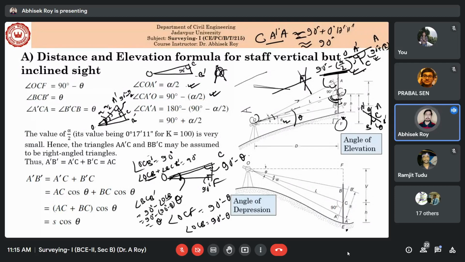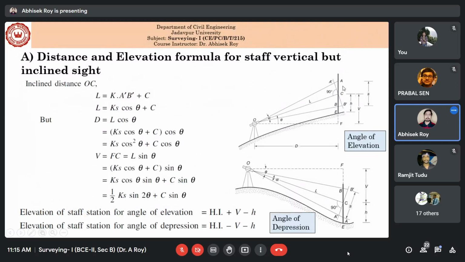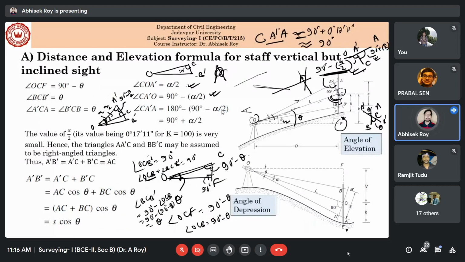Now, if you consider that angle as 90 degree, then if you see this small triangle part, A dashed AC, although this angle is 90 degree plus alpha by 2, almost we are considering it as 90 degree.